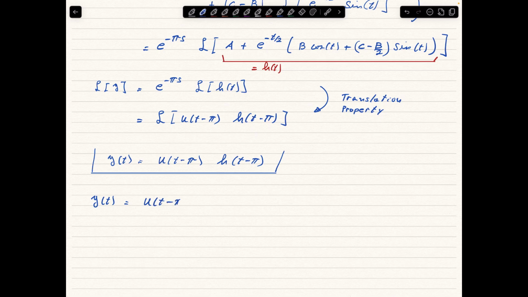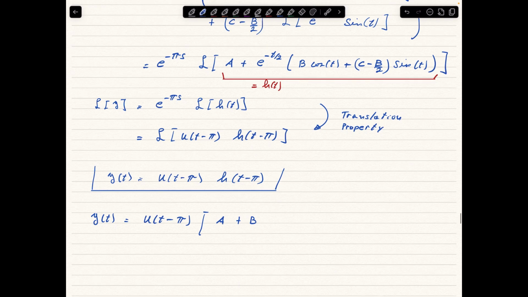And now if we write it down explicitly, the solution that we obtain is the step t minus pi. And then what do we have? Well, big parentheses, and we have a. We cannot shift the constant, so it's a. Then we have plus b. And now, actually, let's pull the exponential common factor. So we have exponential, and now we need to shift t, we have the negative sign, so t minus pi, and we still have divided by 2.